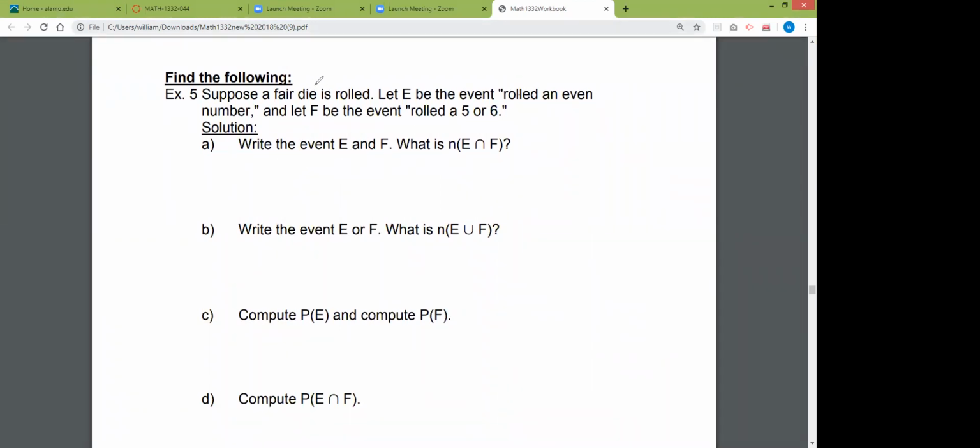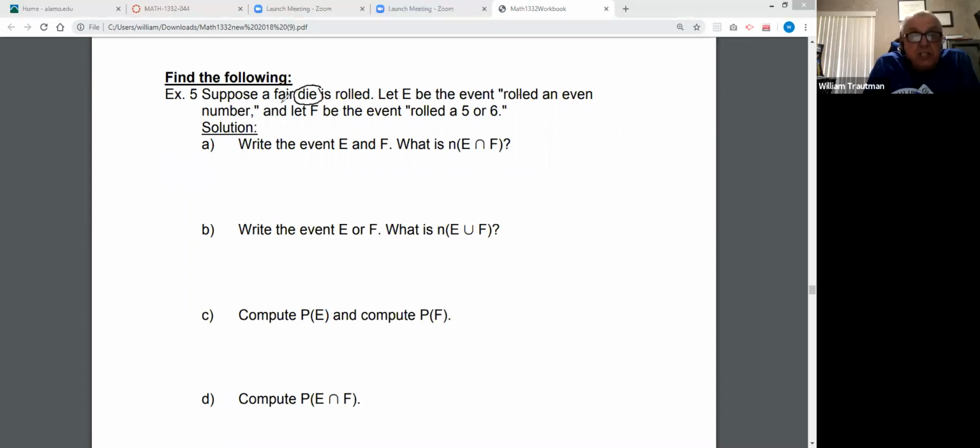Okay, so now we have a dice, and it's fair, so that we're going to be using it. Fair means it rolls evenly.